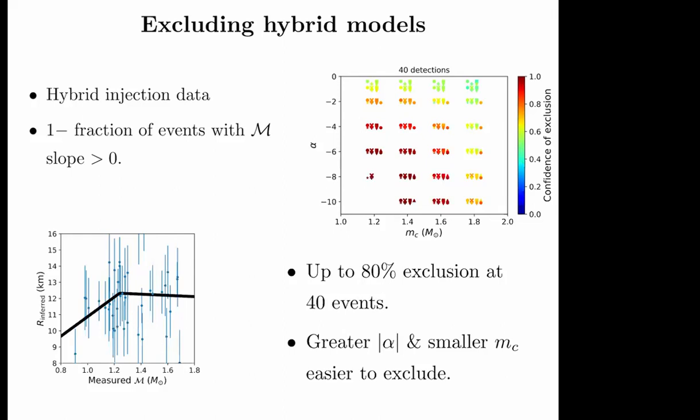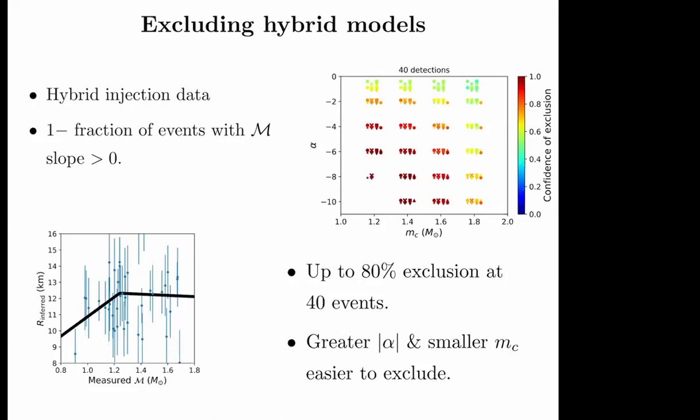Remember, I told you that for hybrid models, that slope should be negative. So let's plot 1 minus the fraction of events where that slope is positive. With hybrid injection data, that gives you the confidence of excluding a general hybrid model that has some hybrid slope alpha as well as some critical mass MC.